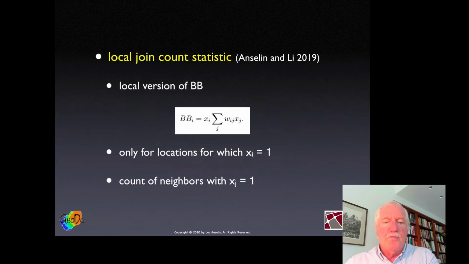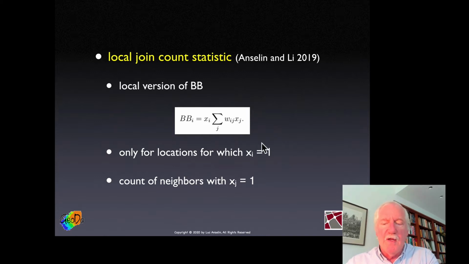Okay. So this local join count statistic, we revisited. Actually, it was suggested a long time ago in the initial discussion of LISAs, but we reformulated it because, as it turns out, and this is something that was not obvious in the beginning, the local version is very obvious.